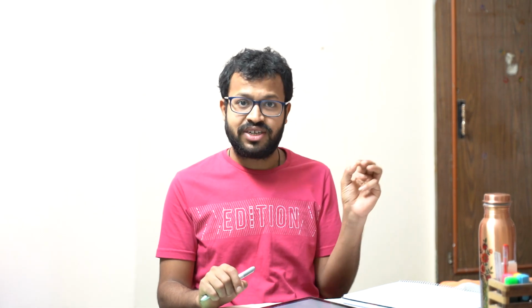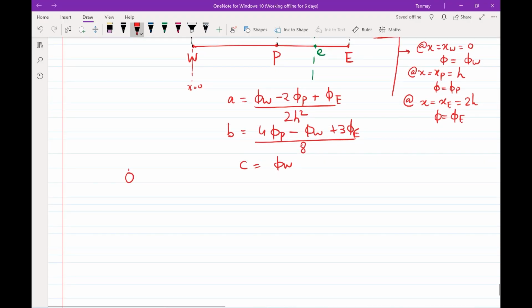We know that phi varies quadratically between these 3 points, and phi small e lies somewhere in between. So using this quadratic function, we can interpolate for phi e. For phi small e, it means that x equals 3h by 2, right? If this is the origin, then this particular distance is 3h by 2.